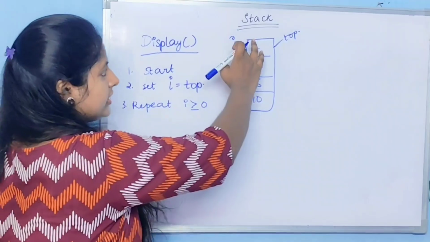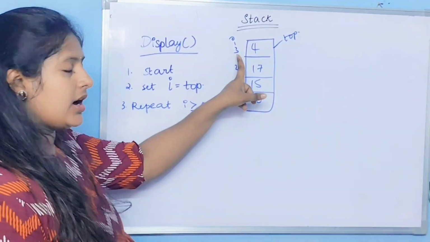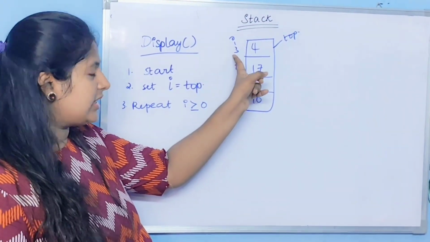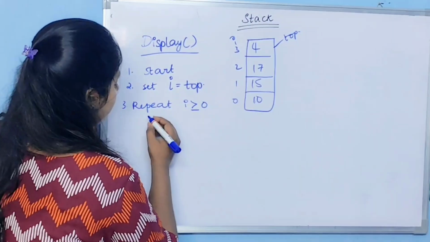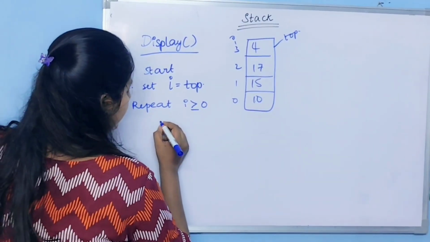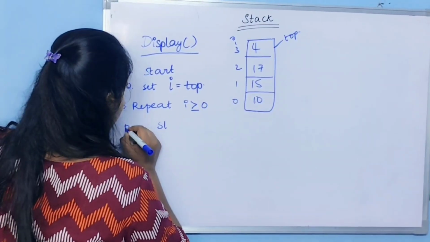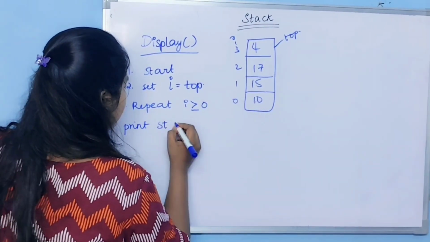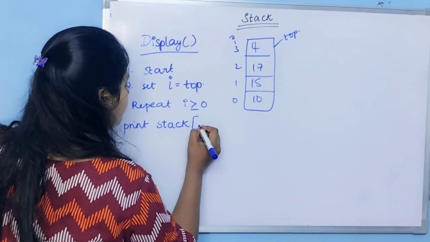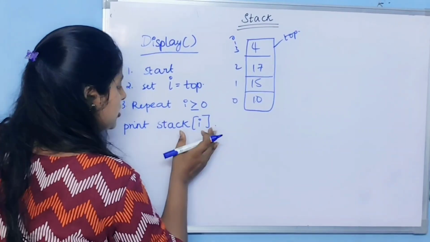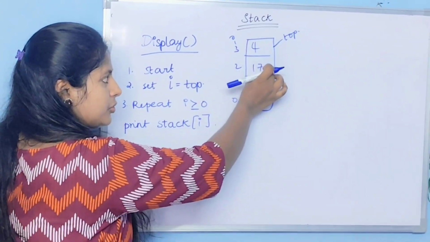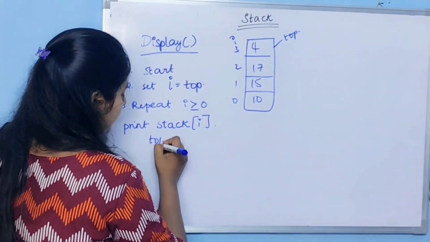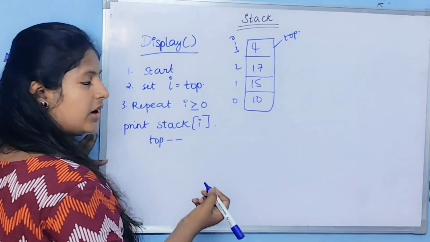I should start at 3 and end at 0. The i value should start from 3 and end at 0. Okay. Now what will you do? You have to print the i value. So print stack of i. Each time after printing, I have to go downwards. After printing this value, I have to go to here. So to go down like that, you have to decrement the i value.